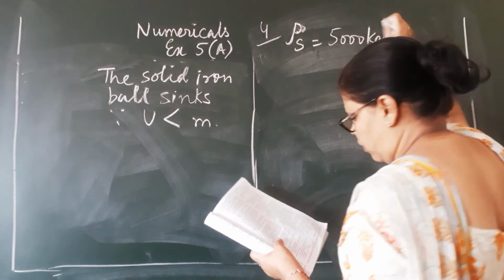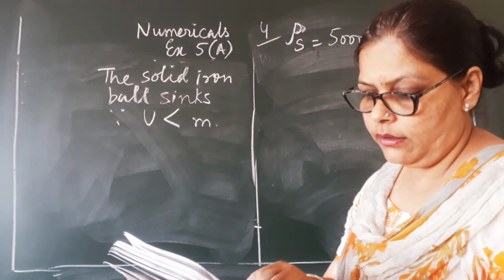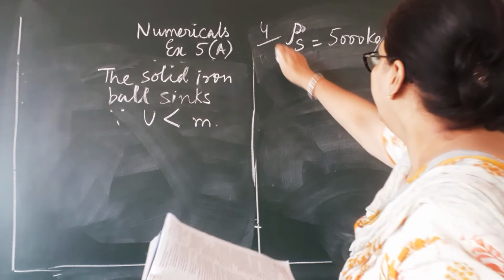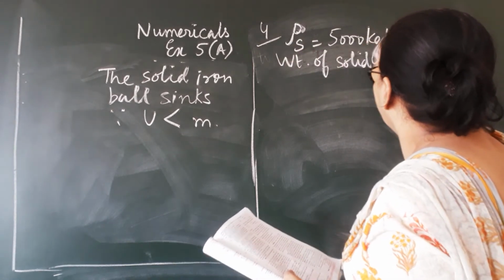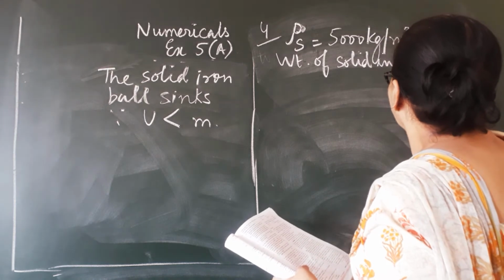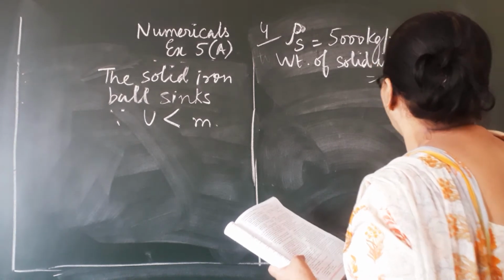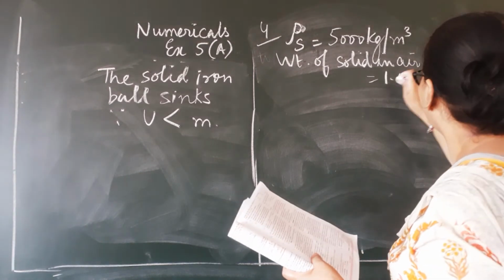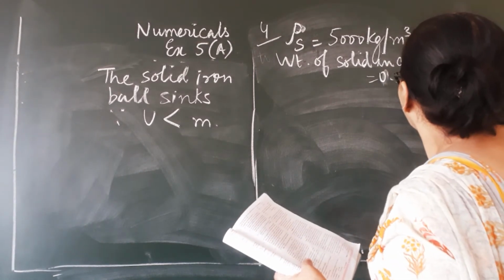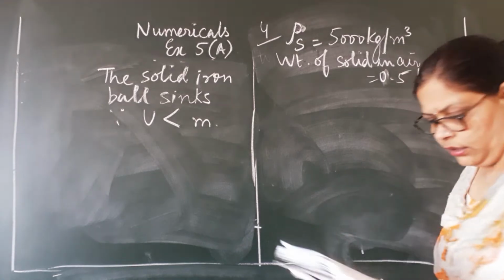This is the density of the solid given, and it weighs 0.5 kg. So the weight of the solid in air is 0.5 kg.